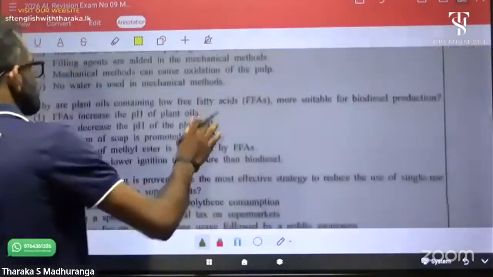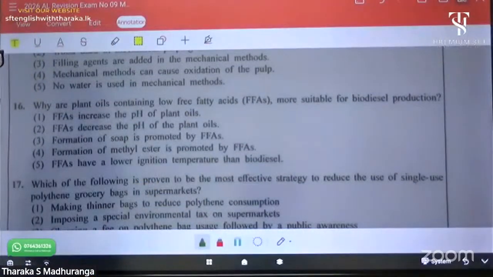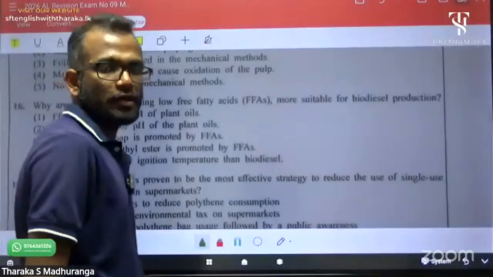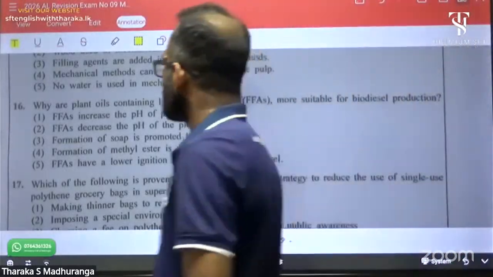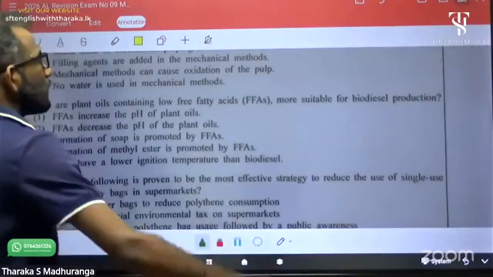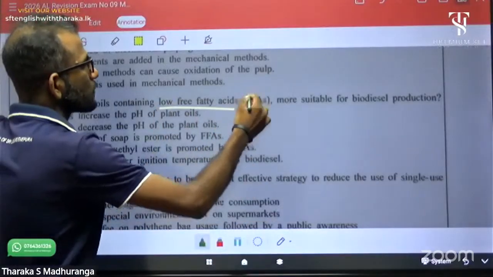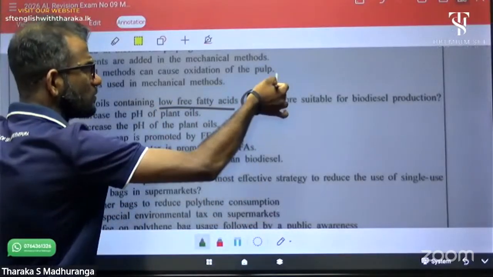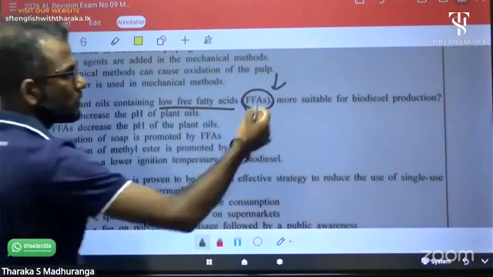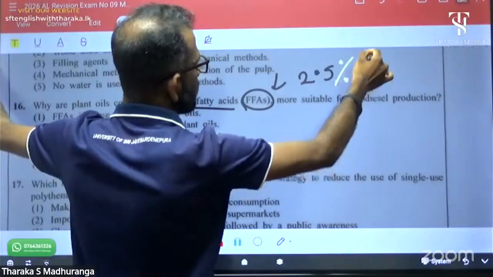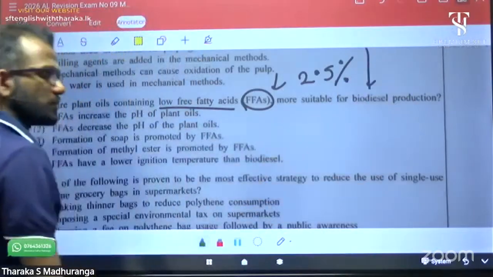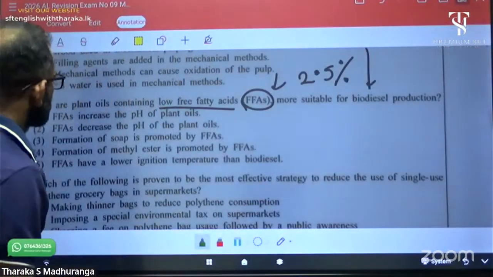Next one. Why is a plant oil that contains low free fatty acid more suitable for biodiesel production? Low free fatty acid means low acid number. Normally the best is less than 2.5% acid number for biodiesel production.